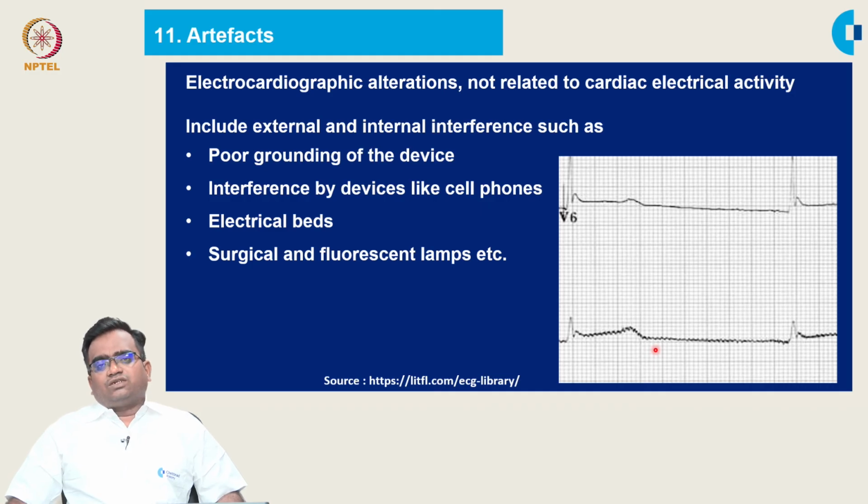The cause for the occurrence of artifact might be poor grounding of the device, interference by a cell phone, electric beds, or even fluorescent lamps present in the ECG room while recording. So, the fluorescent lamp has to be switched off in case we get an artifact in the ECG.